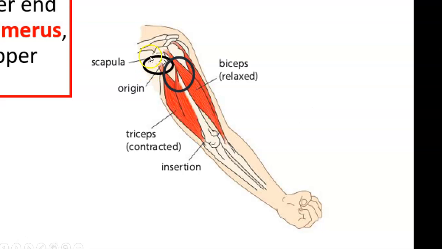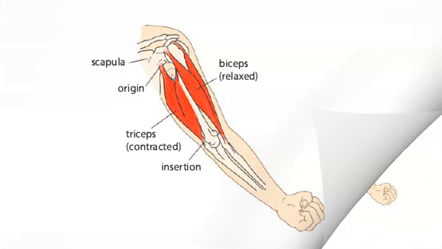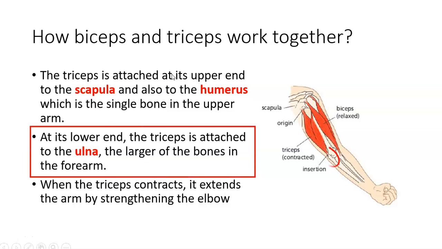And triceps is attaching to the humerus. Can you see this area which is in the back side of the humerus? So triceps are attaching from upper side to scapula and humerus, and from the lower side, which is here, to ulna.